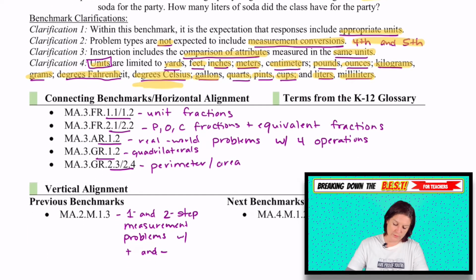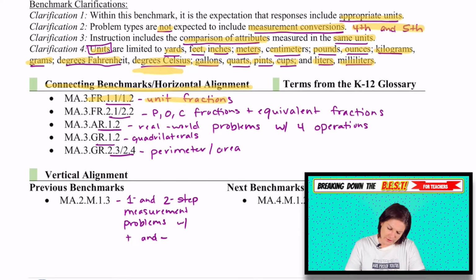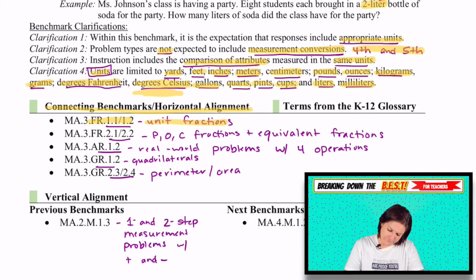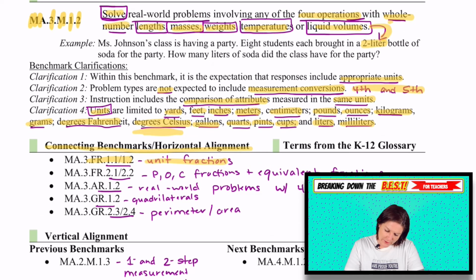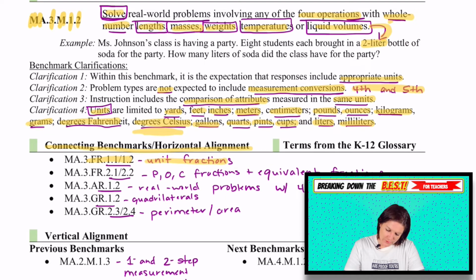All right, so some connecting benchmarks. We've got these fraction standards, which are our unit fractions, even though I'm actually surprised that they're mentioning this here because it says that we're expected to keep them as whole numbers, because we don't add or subtract or multiply with fractions.